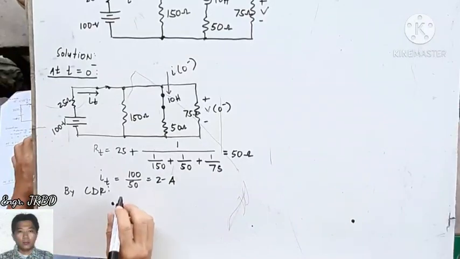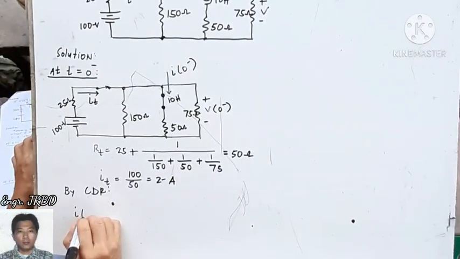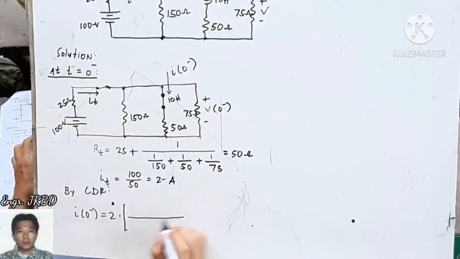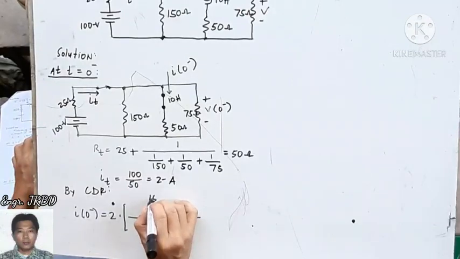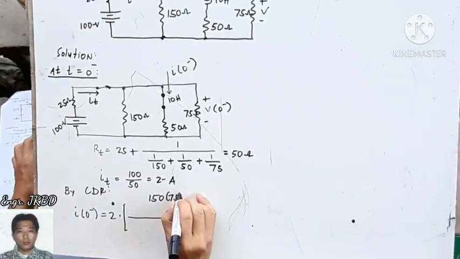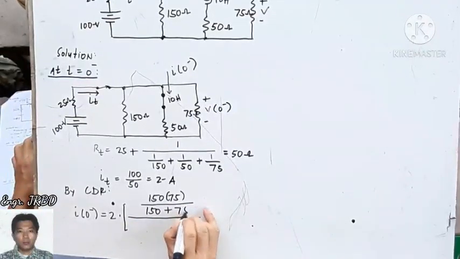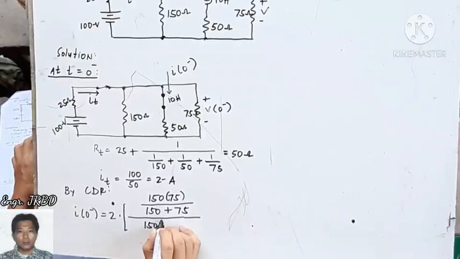So your I at time t = 0 negative is 2 amperes times the parallel combination of 150 and 75, 150 times 75 divided by 150 plus 75, all over 150 times 75 over 150 plus 75 plus 50.